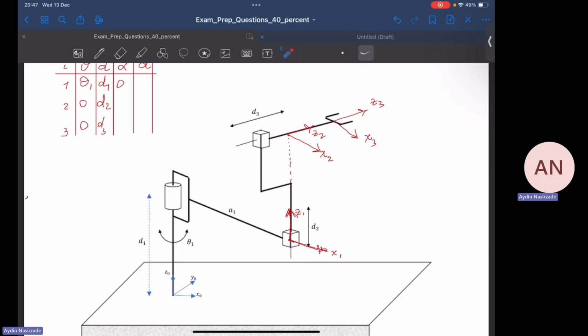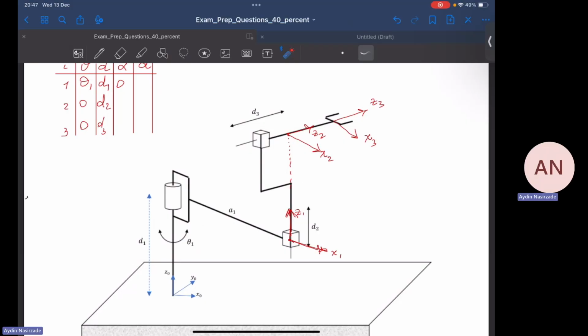The question for alpha 2 is: around the x2 axis, this axis, how much do I have to rotate z1 so that it can align with axis z2? First things first, they are not aligned, so we have to have some rotation. But by what angle? To answer this question, you first have to determine the direction of positive rotation.